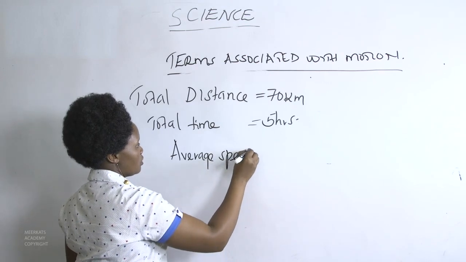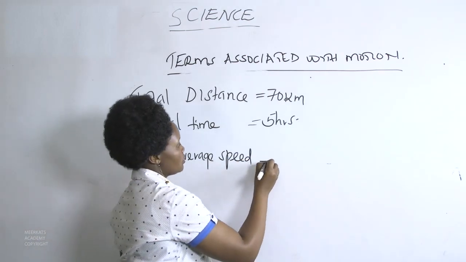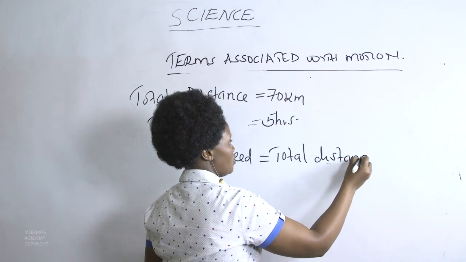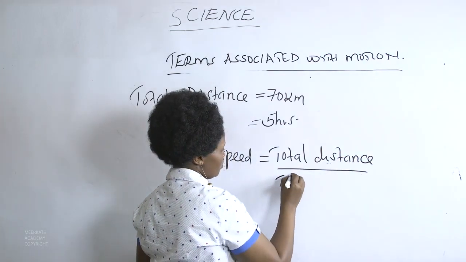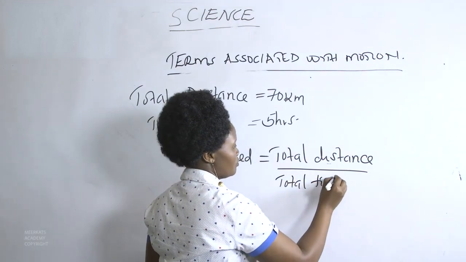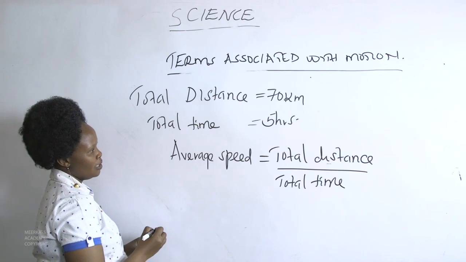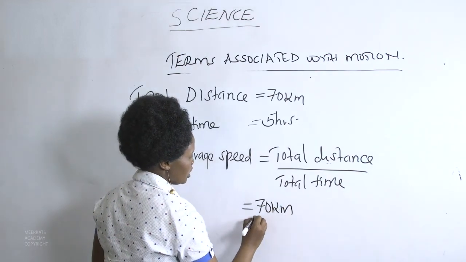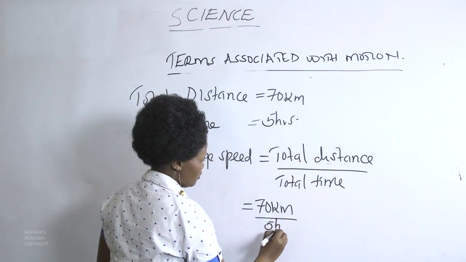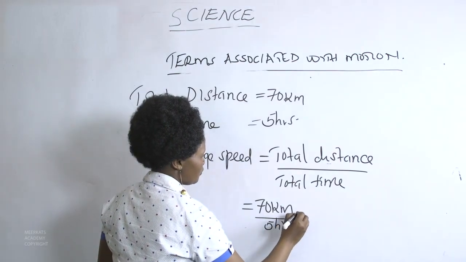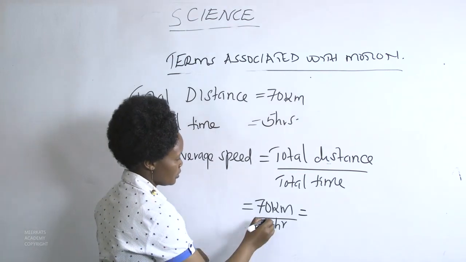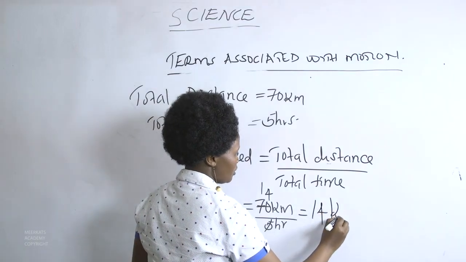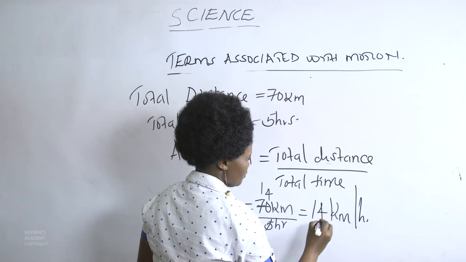Average speed for the whole of that journey is going to be total distance divided by total time, which will give us 70 kilometers divided by 5 hours, and this one gives us 14 kilometers per hour.